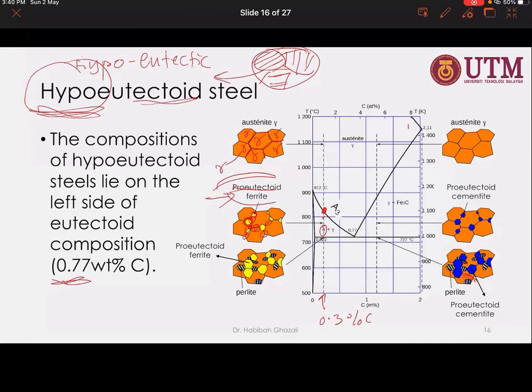And then when it passes through this point, what are the phases here? Here is pearlite. So alpha comes from the left, pearlite comes from the right. So alpha plus pearlite, where the alpha comes from the proeutectoid ferrite. The new phase formed at this temperature, which is 727 degrees Celsius, is pearlite. Pearlite will continue to grow at the active region, which is the point where the formation of ferrite occurred.